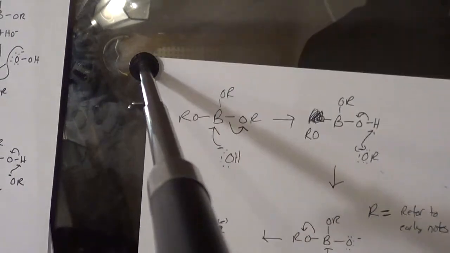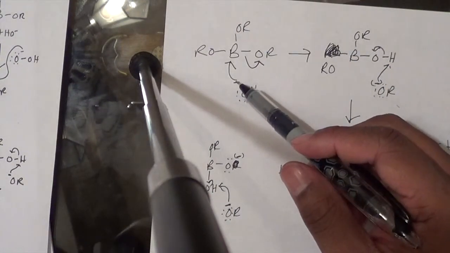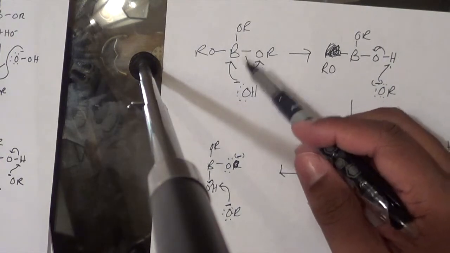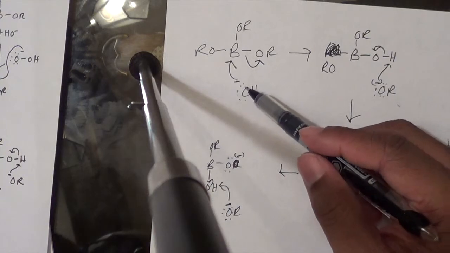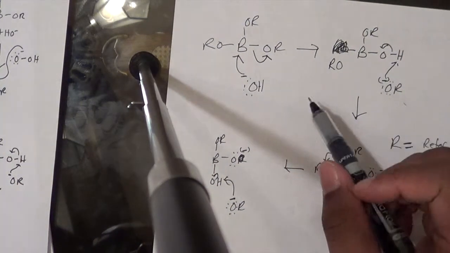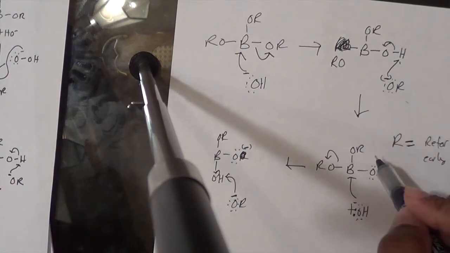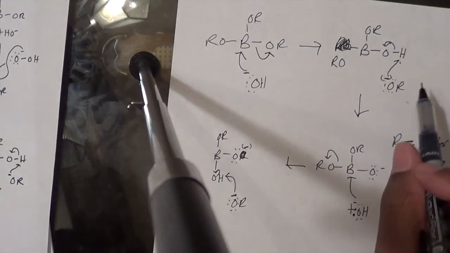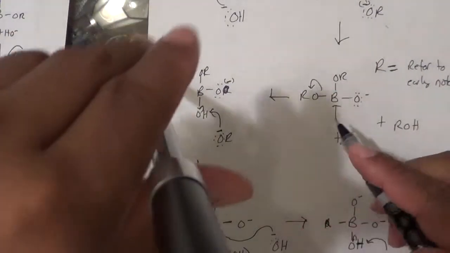Okay, so we go back and explain this. Once we get our BOR3, we simply use the hydroxide anions that we produce to attack and pluck these ORs off. The OR comes back and removes a proton. Simple as that, 3 more times to produce the alcohol, ROH. Okay, that's all we did.